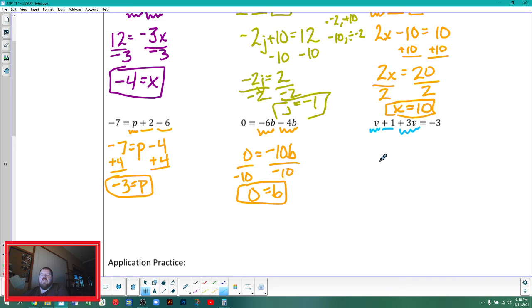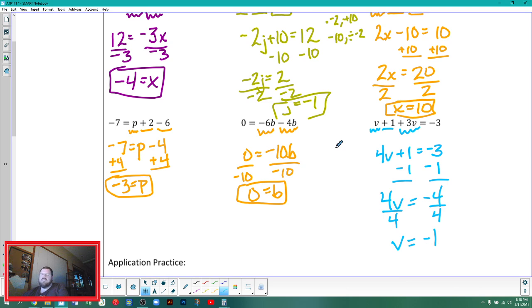I've got 1v and 3v, so that's 4v plus 1 equals negative 3. Subtract 1 on both sides, and we have 4v equals negative 4. Divide by 4, we get v is equal to negative 1. And that's not too bad.